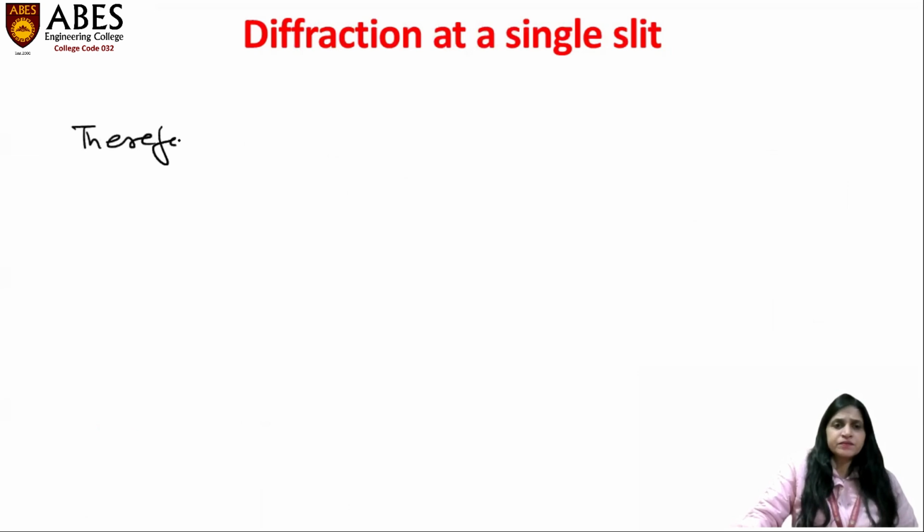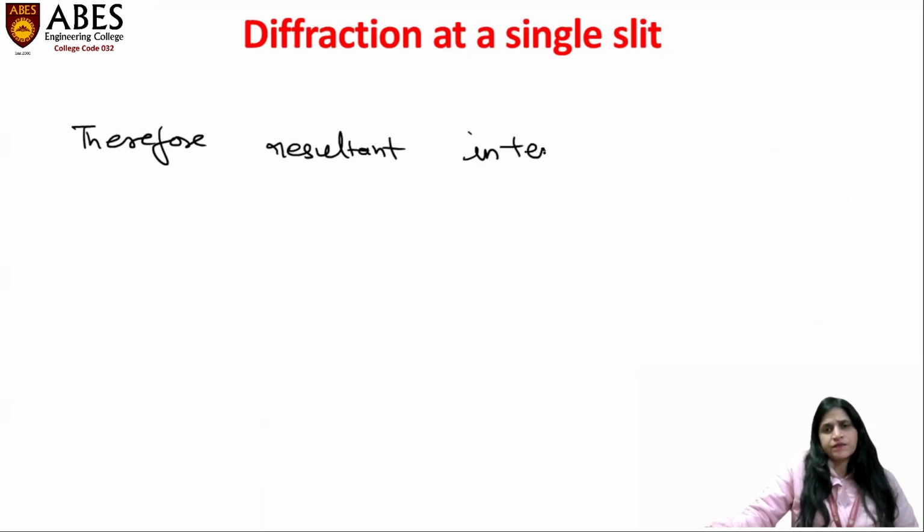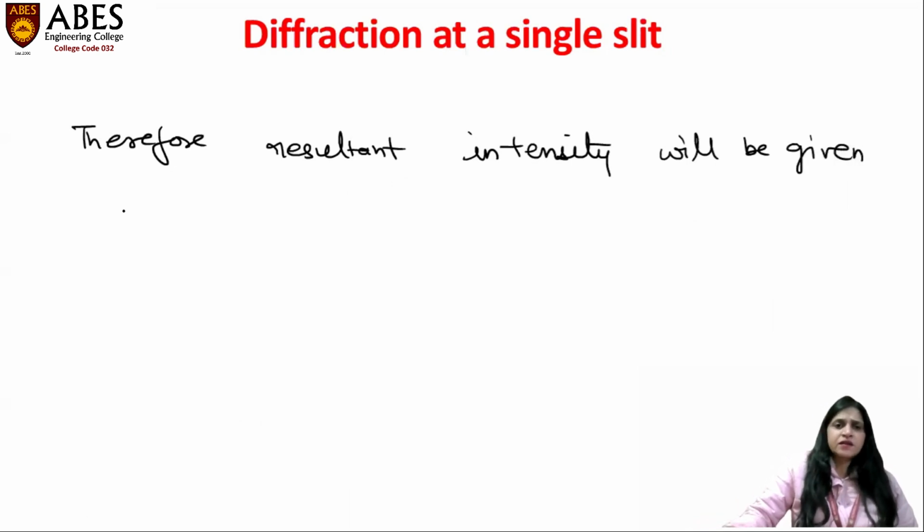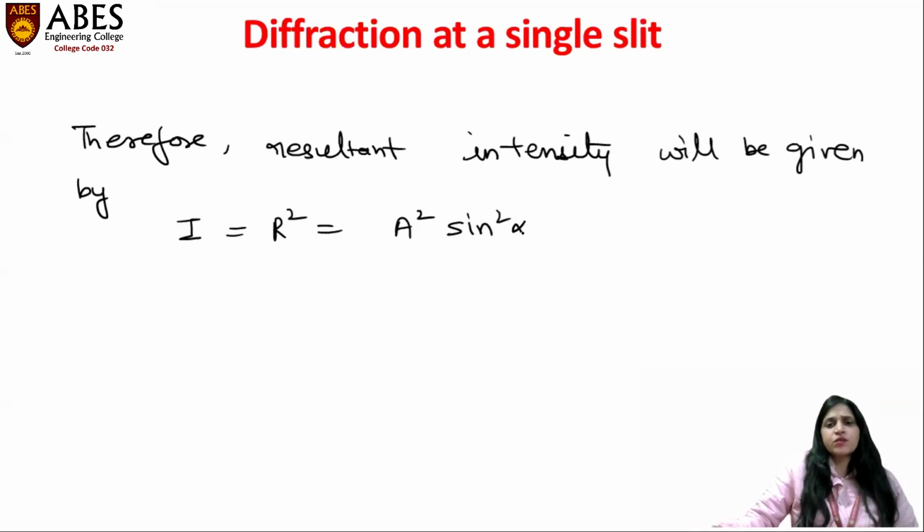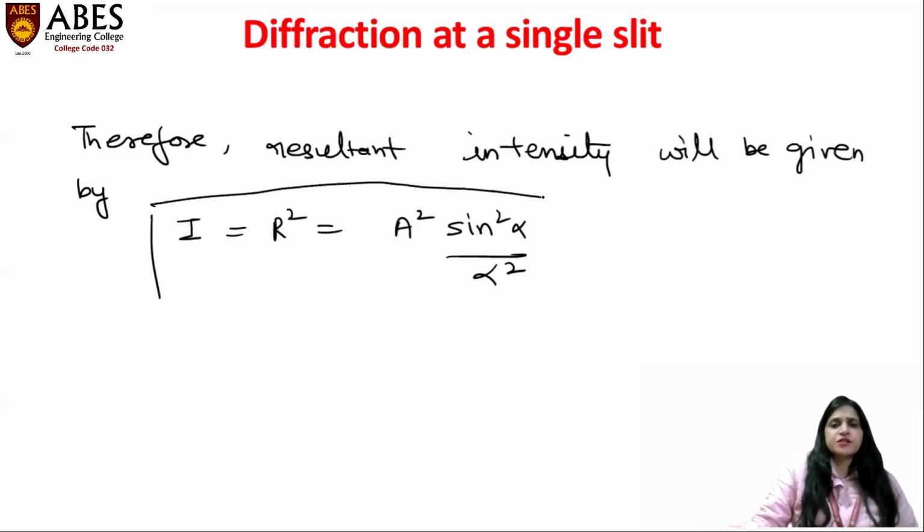therefore, the resultant intensity will be given by I, and that I is equal to R square, or that is equal to A square sine square alpha over alpha square. This is again a very important equation, equation number 5.